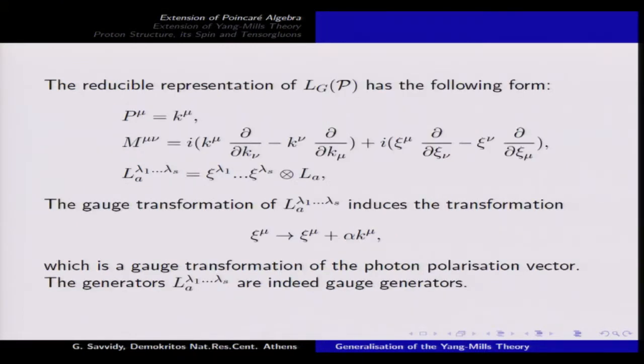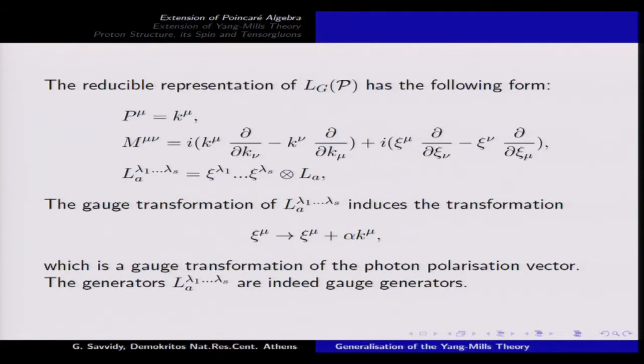One of the first simple representations which can be found is written here. You see, we introduce the vector xi mu, and definitely these two formulas define the Poincare algebra. And as you see, there is an additional angular momentum operator, which acting on the xi will definitely give you the fact that this is a tensor of the rank S, very specific.